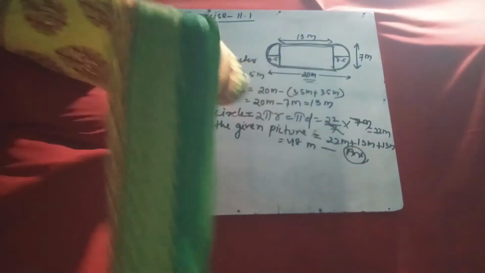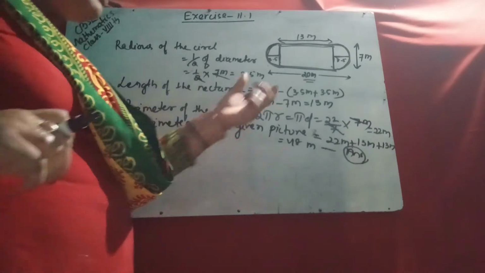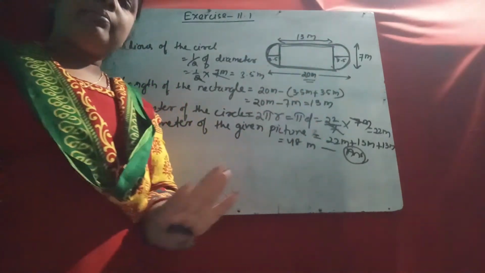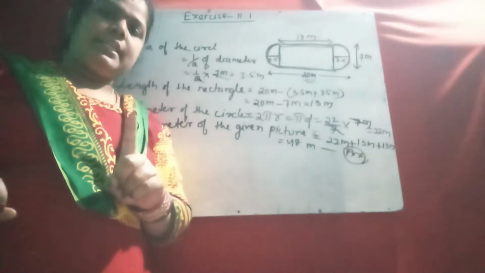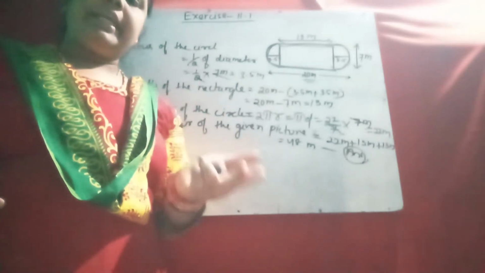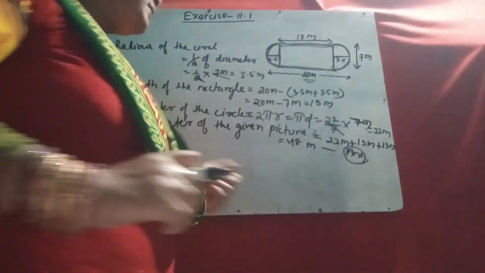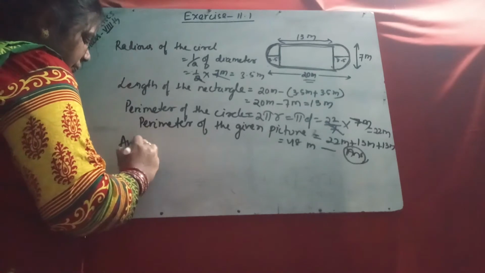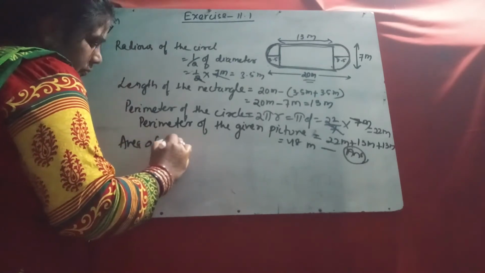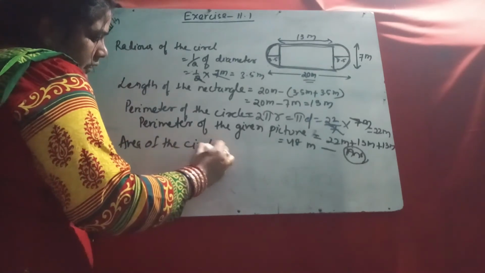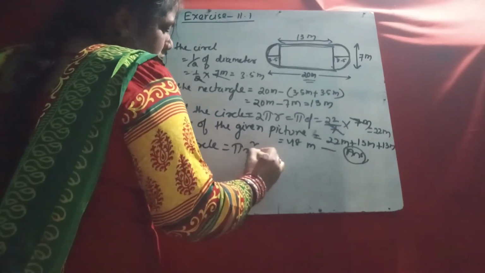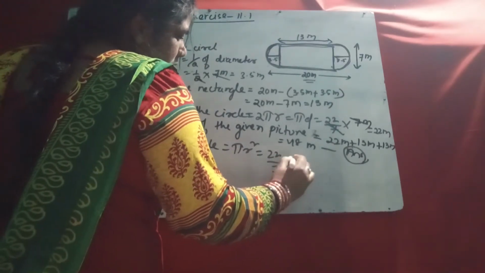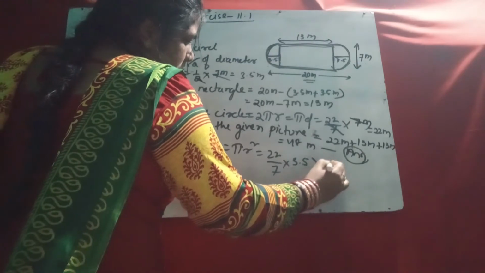Second is area. You have to find the area of the circle. Two half circles make one complete circle. So the circle area is pi r square. Area of the circle is pi r square, which is 22 by 7, r equal to 3.5, into 3.5.